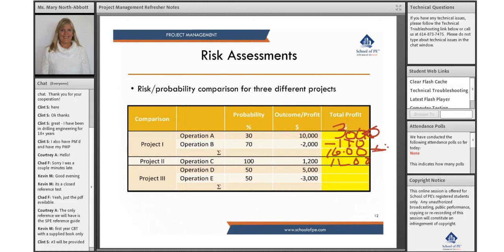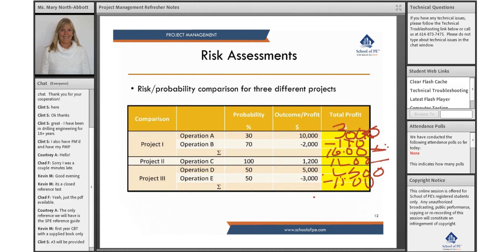And then for Project 3, of course, a 50% chance of making 5,000, so that's 2,500. And a 50% chance of the negative 3,000, so of course that's negative 1,500.